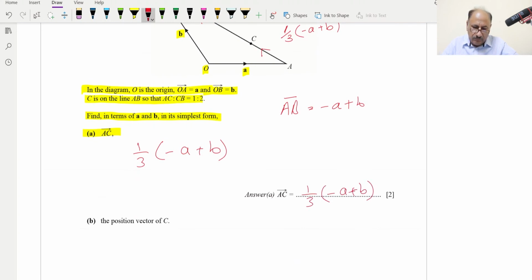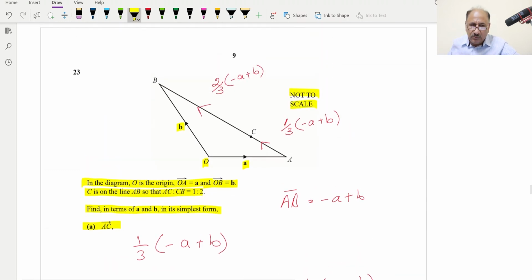Now they are saying the position vector of C. Position vector of C is what? We can draw it. Position vector of C will be this vector.